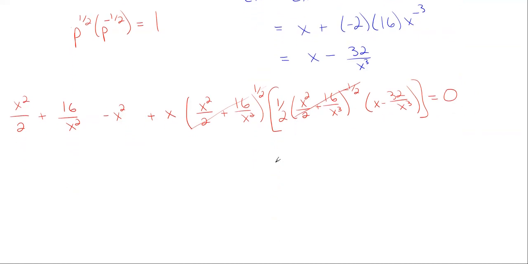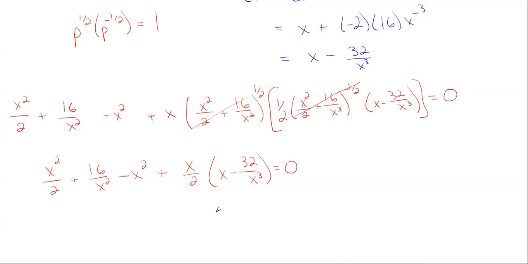And then we can simplify down and multiply through with the other ones here. So we would end up with x squared over 2 plus 16 over x squared minus x squared plus x over 2, from x being multiplied by that 1/2, times my remaining expression of x minus 32 over x cubed, has to be equal to 0.